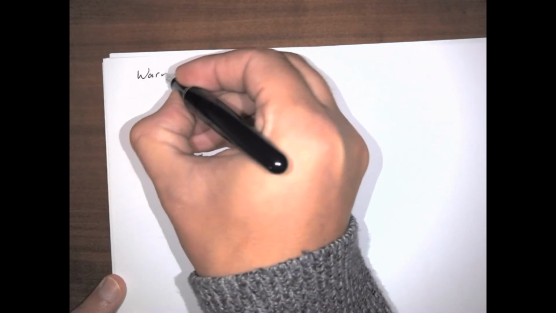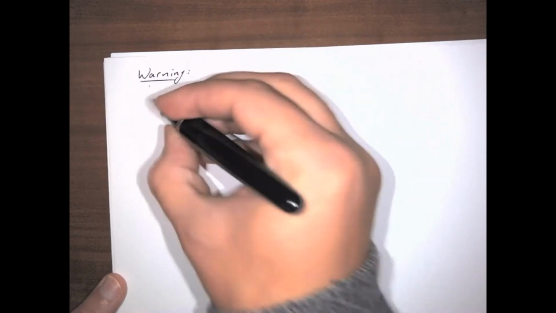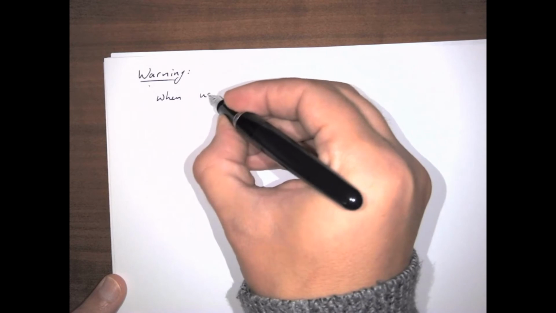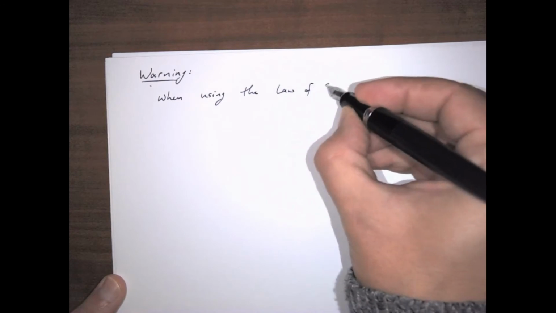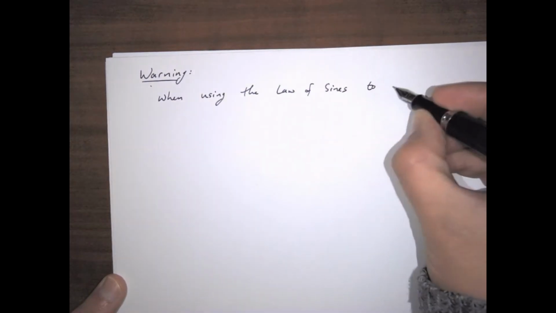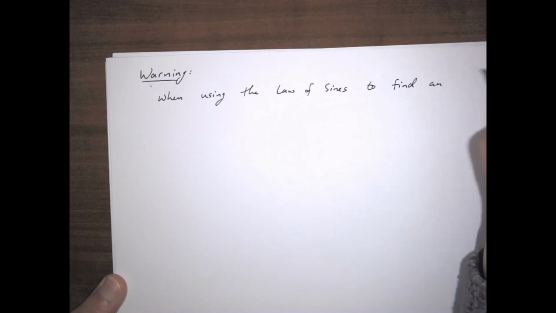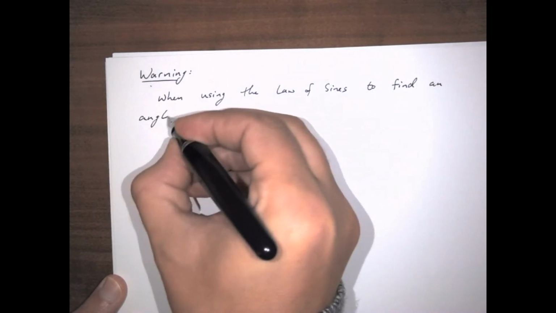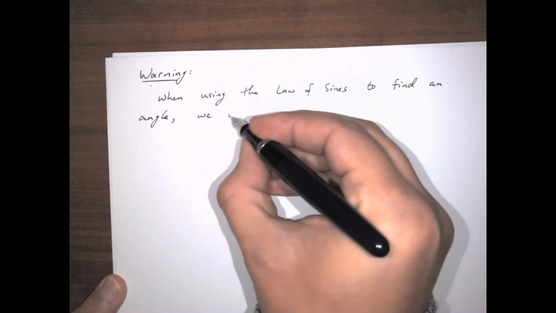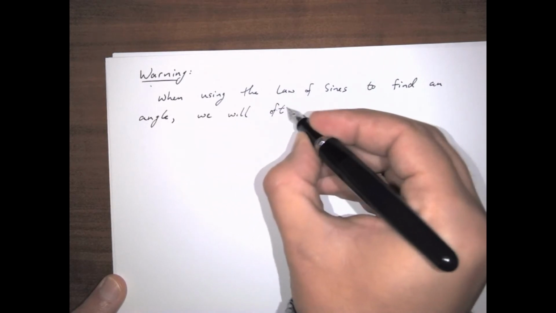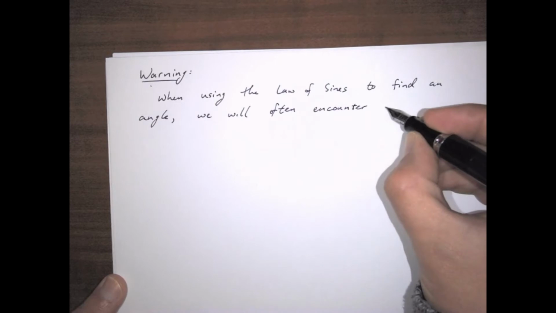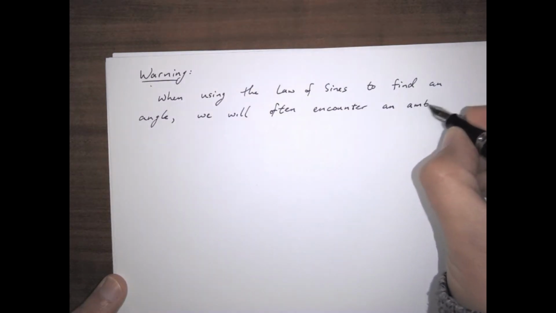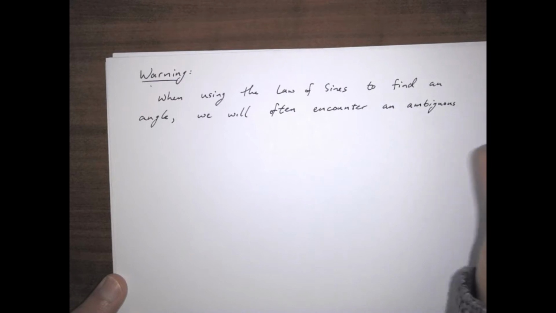However, there's a warning. When using the law of sines to find an angle, we will often encounter an ambiguous case.